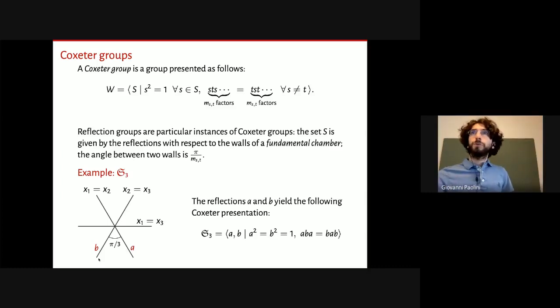And then if we want to find the other relations, the strange ones, we have to look at the dihedral angle between every pair of hyperplanes corresponding to the generators, and that angle is going to tell us the length of the relation. So, for instance, an angle of pi over 3 corresponds to a length 3 relation over here, which is ABA equals BAB.